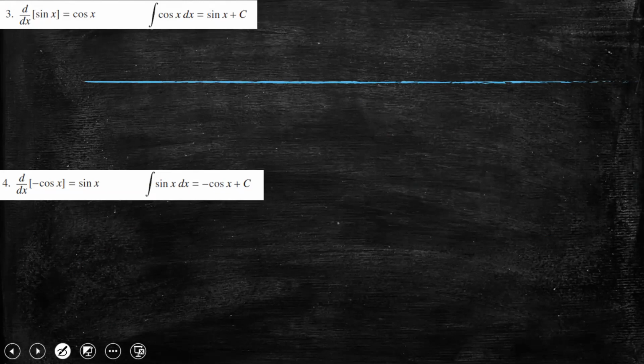You must distinguish between differentiation and integration. The integration of cosine is sine. The integration of cosine x dx is sine x plus c.